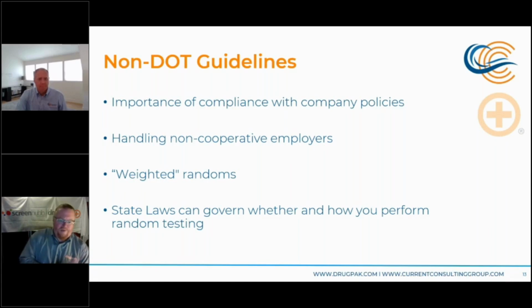The way we do it in DrugPak is you can specify the number of days that a person is excluded from random pools after they've had a random test. The other way is to make sure that people are tested within a certain period of time. In DrugPak, you can say, if a member of the pool has not been tested in so many days, then they must be selected in that selection.